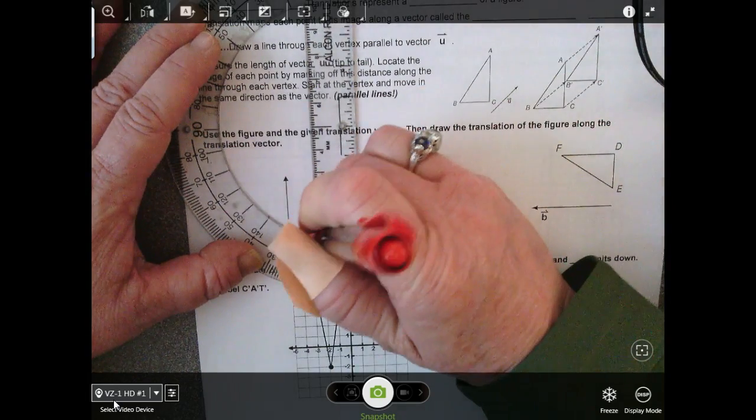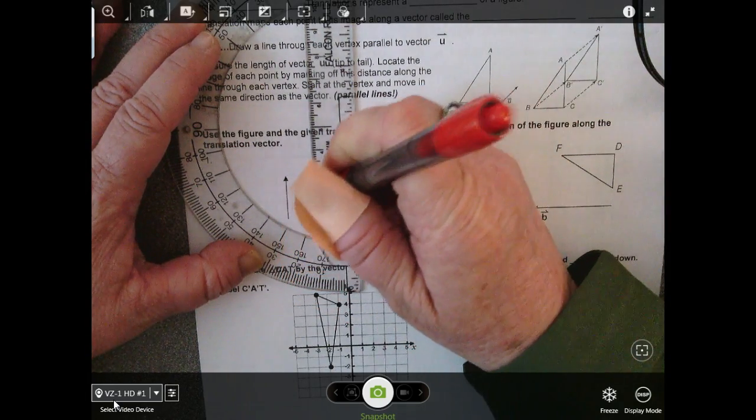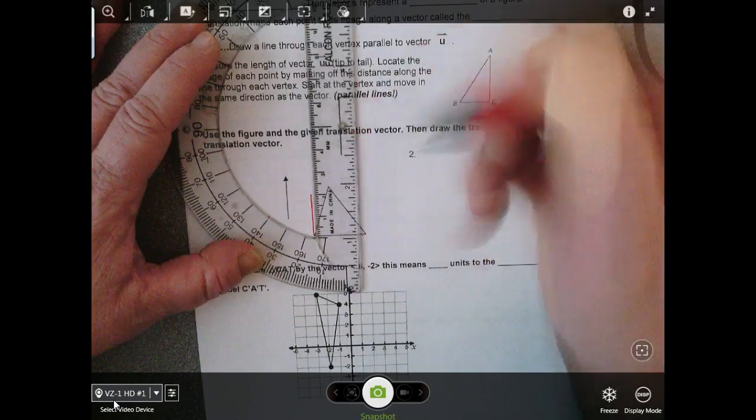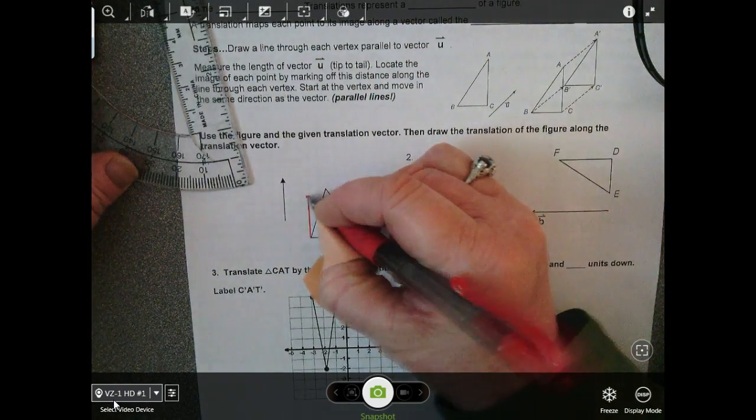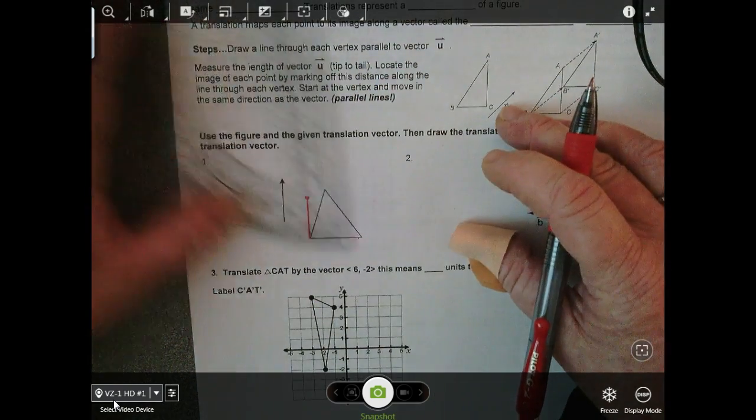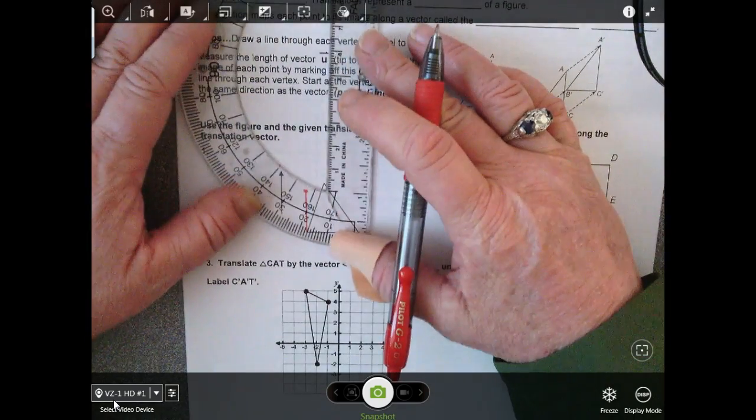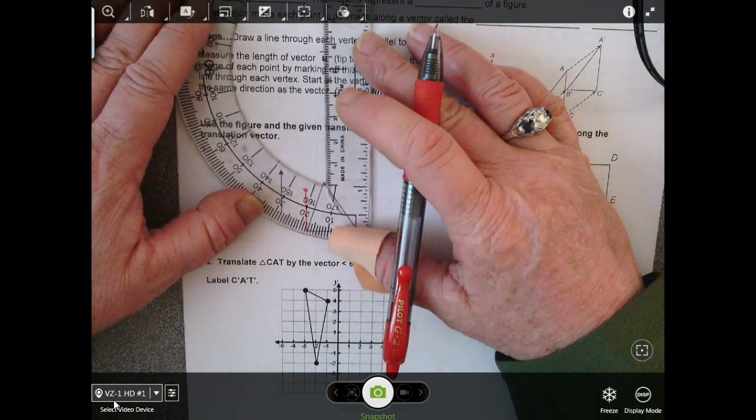And we're going to draw, you can even make a line 2 centimeters long, or you could just put a dot there. It's up to you. We're going in the same direction as the vector, so we're going straight up.